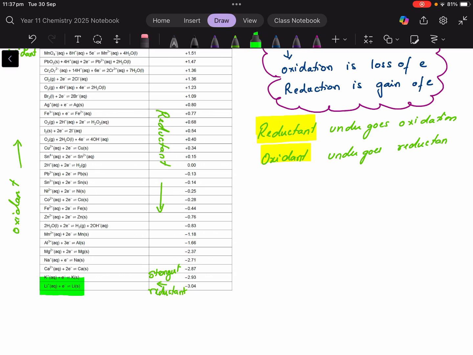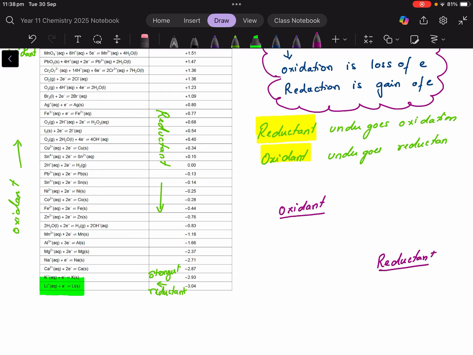Now, for the spontaneity of the reaction, spontaneous reactions will happen only when your oxidant sits above your reductant. So look at me writing this equation, where your oxidant is on the left hand side, above the reductant, which is on the right hand side.